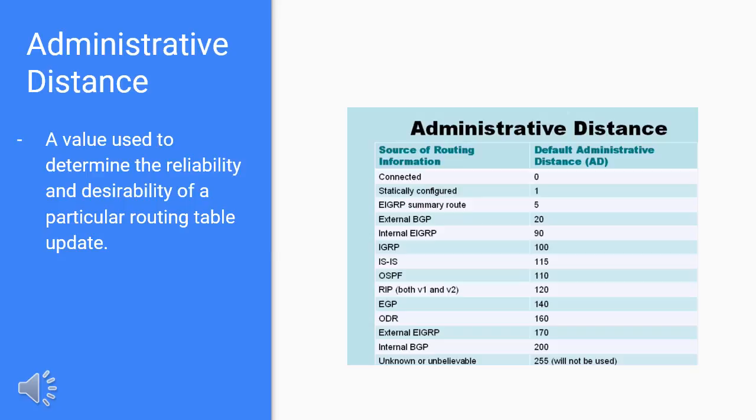So administrative distance is a value used to determine the reliability and desirability of a particular routing table update. As you can see to the right, we have all the default administrative distances for each of the routing protocols and statically configured.